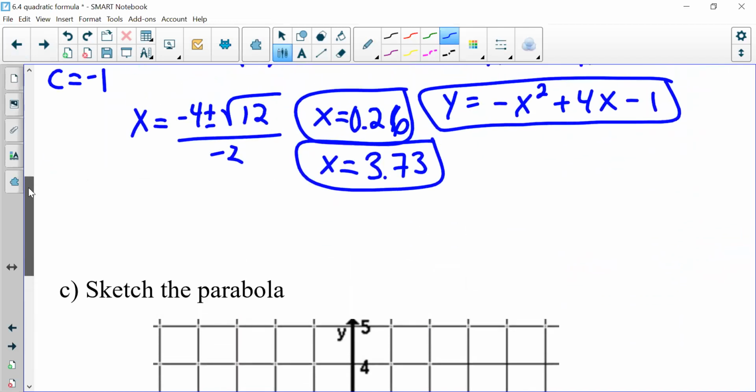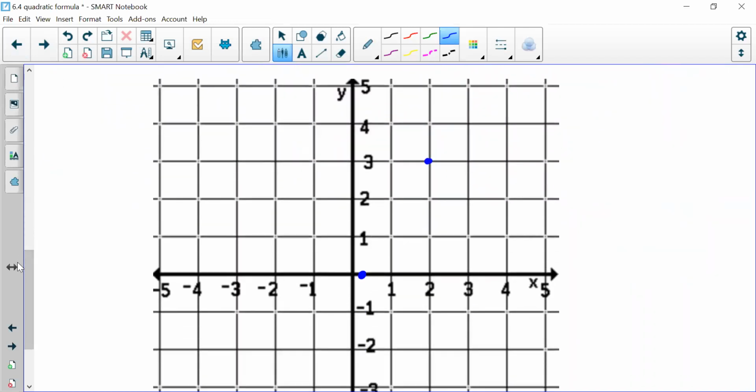And you want to draw 3.73, so about 3 3/4. And then you're just going to draw it. Wow, that's it. You're not going to try to figure out the A value and the pattern. You're just going to put the x-intercepts, the vertex, and done. Okay, cool.